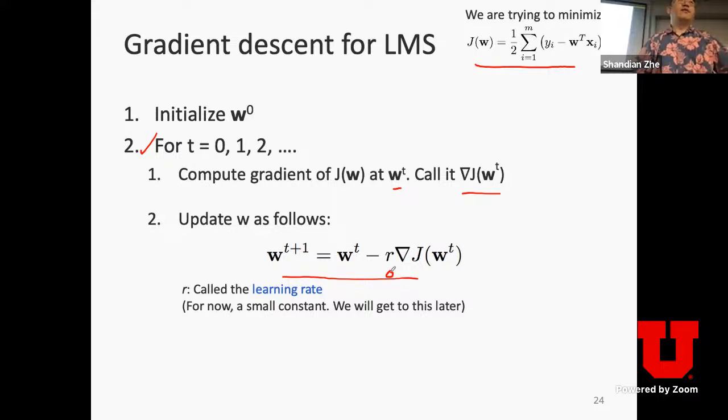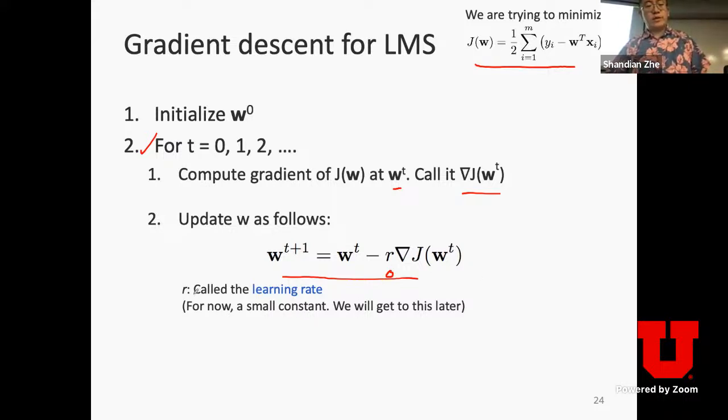Intuitively, you don't want to move too much, because then it's not guaranteed to decrease. But you also don't want it too small, so that your optimization becomes too slow. So the choice of the learning rate is pretty important in practice.